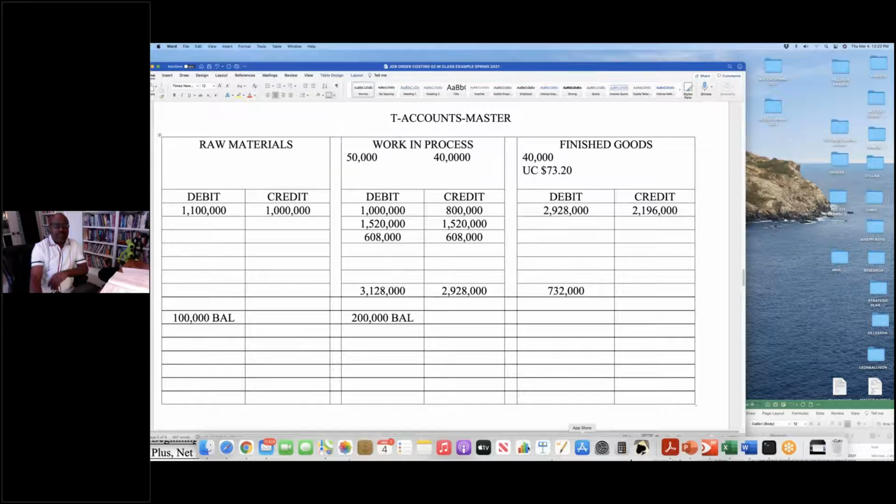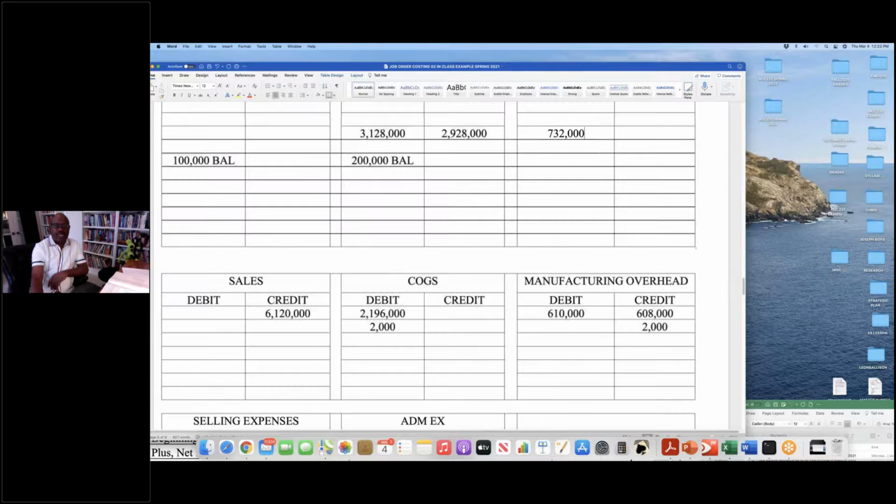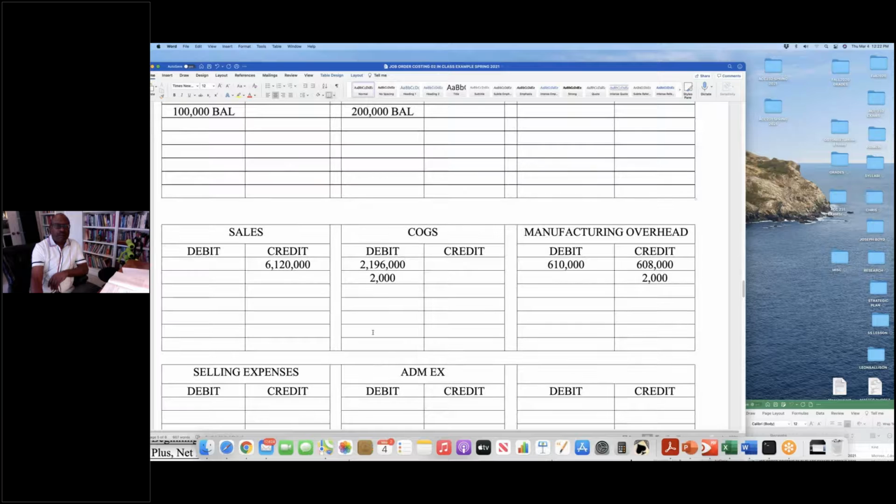Okay, and how much do we have in cost of goods sold? 2,198,000. And how much do we have in manufacturing overhead? It balanced, it closes out. Yeah, that's zero.